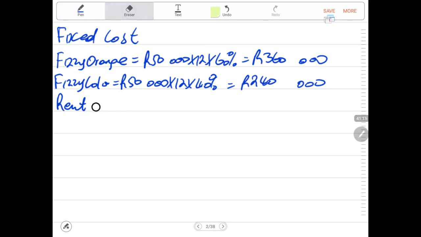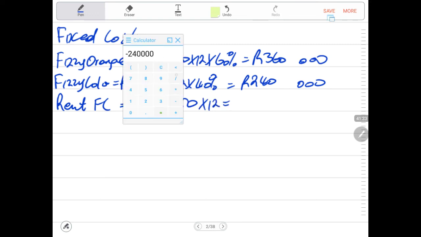Okay, rental. Let me just be clear also with this rental. Let us calculate in total. Rental fixed cost equals 100 rand times by 850 meters square times by 12, on a monthly basis times by 12, then it will give us the total fixed cost.